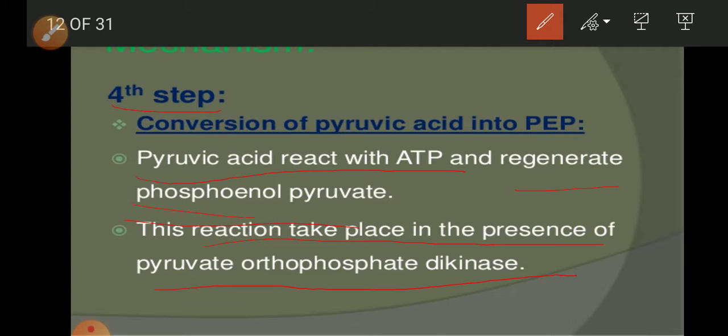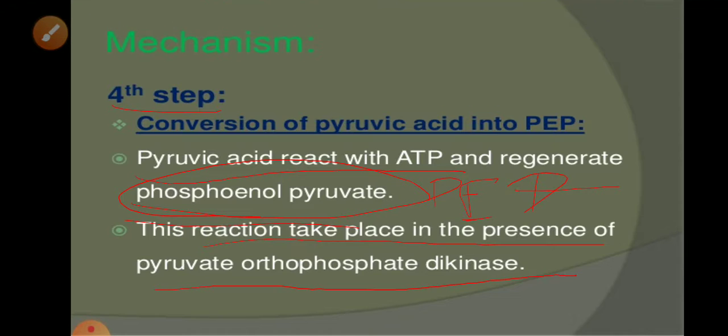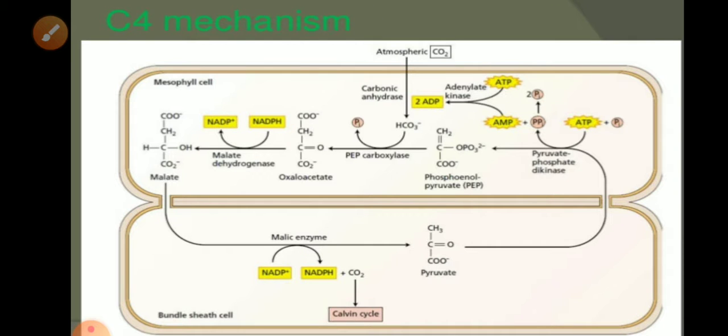So phosphoenol pyruvate is again regenerated, and this PEP will again be involved in the carboxylation reaction. We will see that here in this reaction.